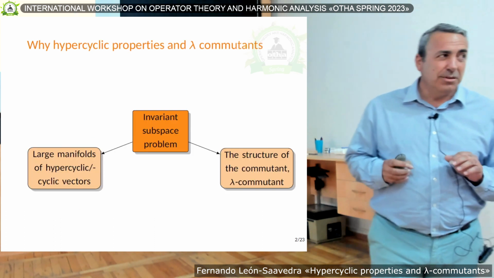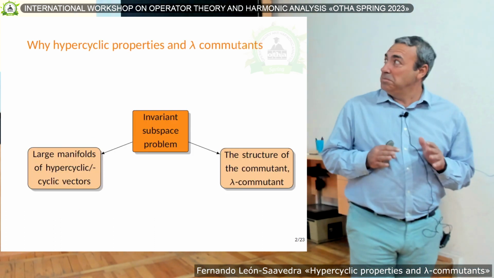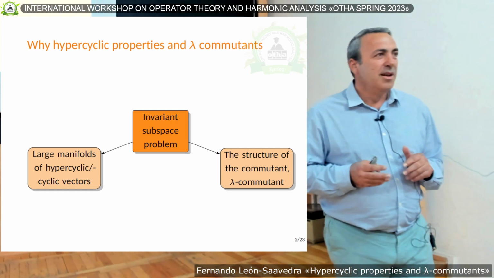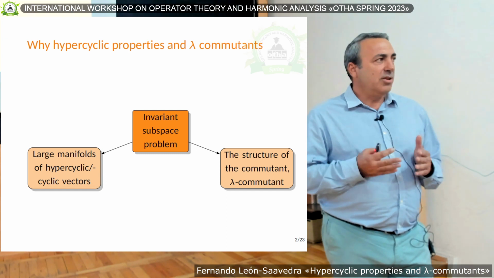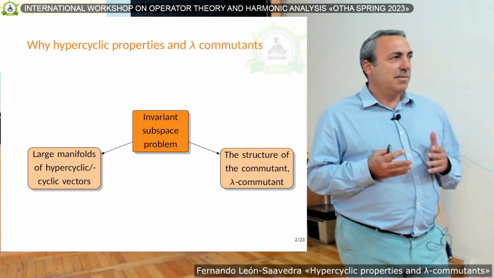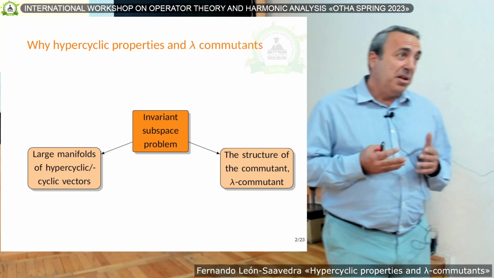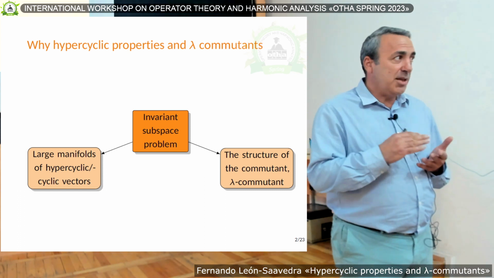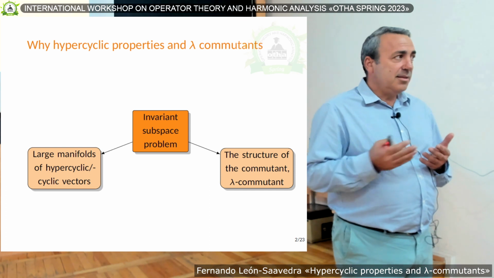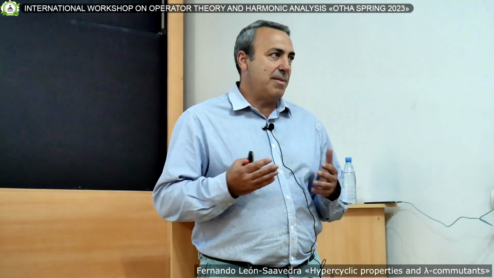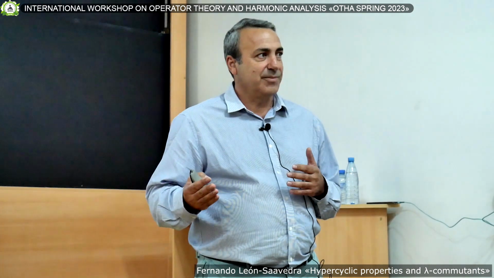So why study hypercyclic properties and lambda commutants? Why these two names? Both concepts are connected with the invariant subspace problem. For instance, answers in the negative sense to the invariant subspace problem are connected with constructing or finding operators with large manifolds of hypercyclic or cyclic vectors.